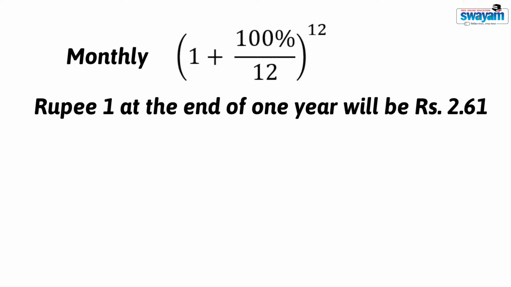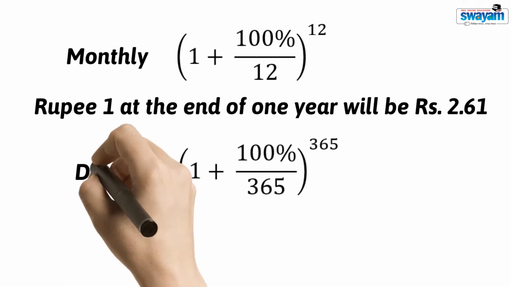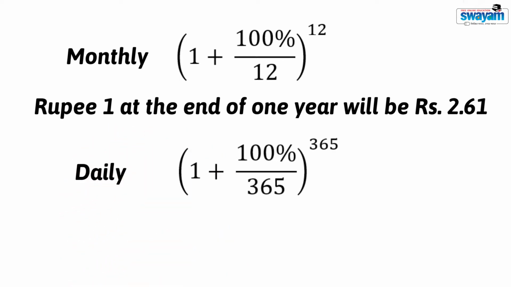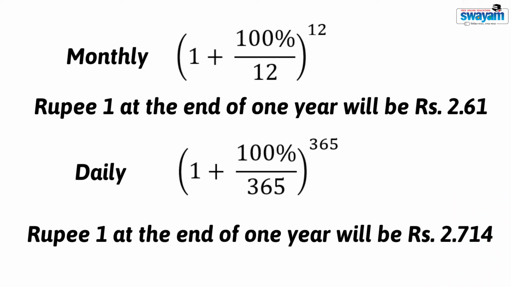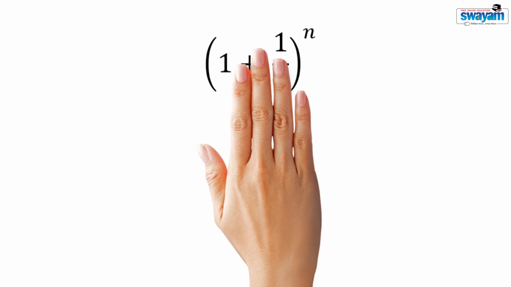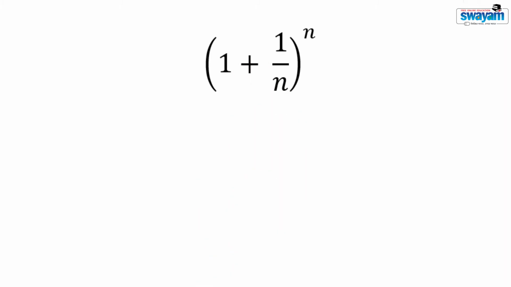And if the growth or interest rate is given every day, then the formula will be written like this, and 1 rupee at the end of the year becomes 2.714. In our example of 1 rupee, 100% is nothing but 1 rupee. So, the general formula for n time periods will be written like this.